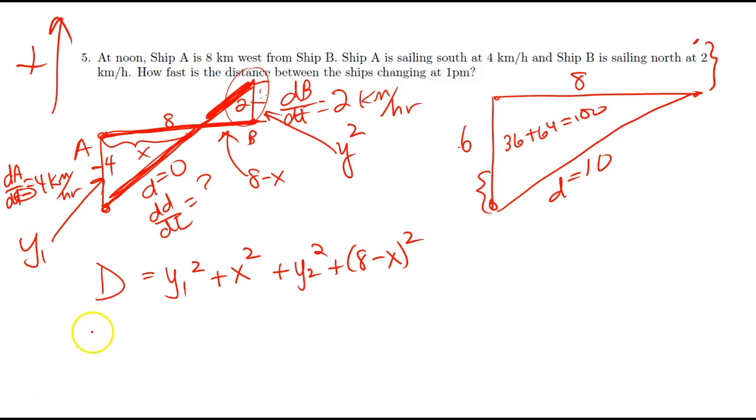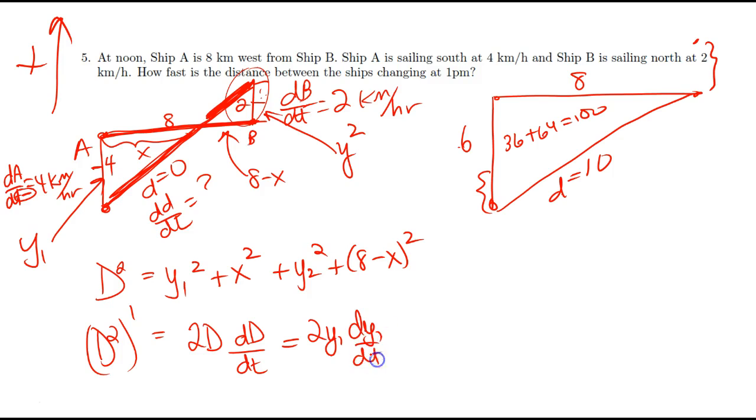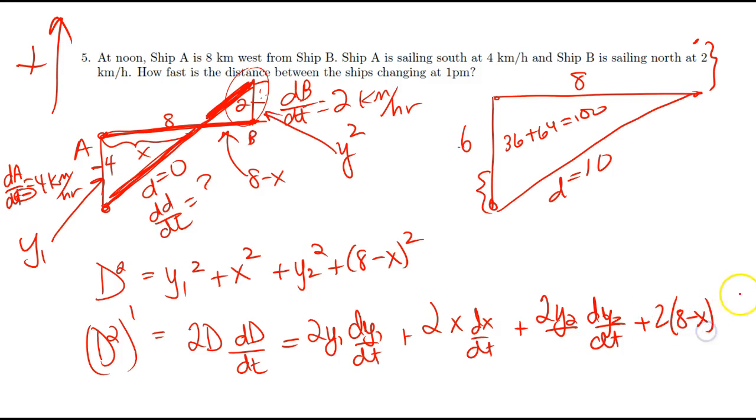And this is really d squared. So the derivative of d squared: 2d dd/dt equals 2y1 dy1/dt plus 2x dx/dt plus 2y2 dy2/dt plus 2 times 8 minus x times a negative 1 for the inside, dx/dt.